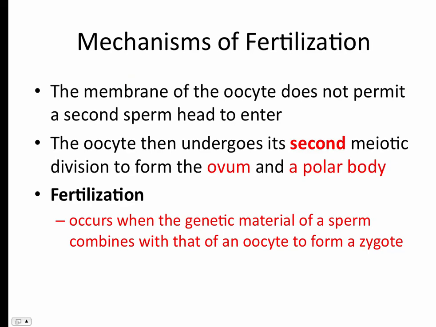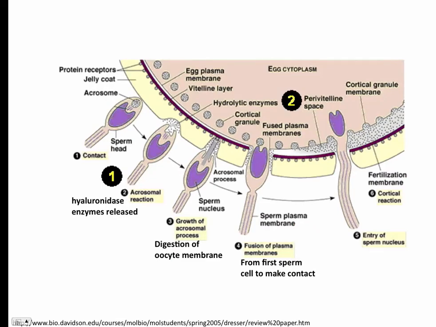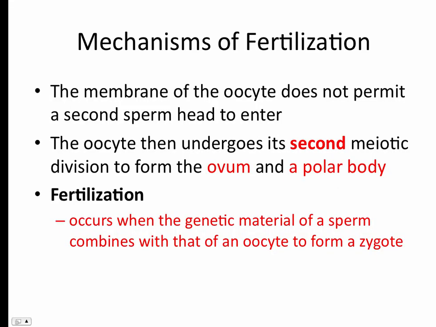Now, the moment that the membrane of that sperm meets with the membrane of the oocyte, a second sperm head cannot enter. It's going to create this protective shield that surrounds the egg. It's going to make this layer much harder and prevent any further penetration from any sperm trying to enter into that egg.